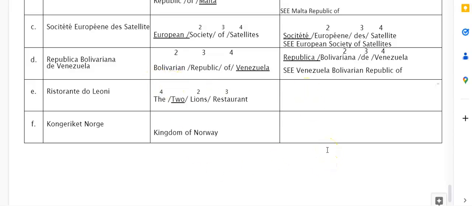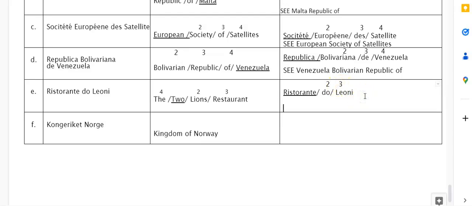So our cross-reference would have the original untranslated name. Here's my key unit, here's unit 2, and here's unit 3. And it would say C, Two Lions, Restaurant, the.